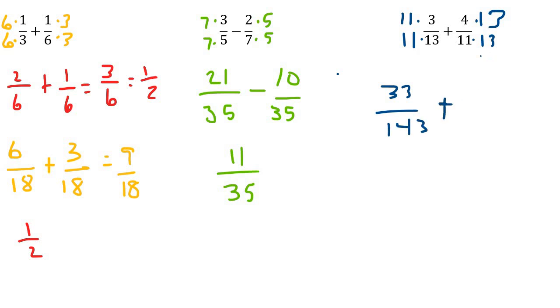Plus 4 times 13 is 52. And 11 times 13 again is 143. And when we add the top numbers now, we are going to get 85 over 143. I don't believe this is going to simplify.